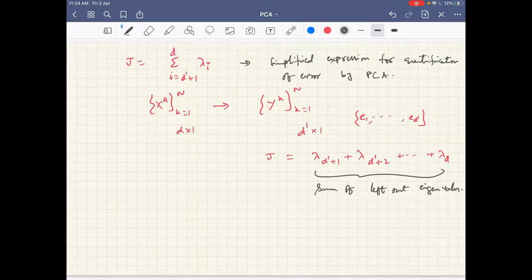So as an example, if I give you a covariance matrix sigma x, and I also give you the eigenvalues of this covariance matrix, sigma x is given, and eigenvalues lambda 1, lambda 2, and lambda 3 are also given. Let this be a 3 cross 3 matrix, and lambda 1, lambda 2, lambda 3, which are also sorted in descending order, are 3, 0.2, and 0.2.